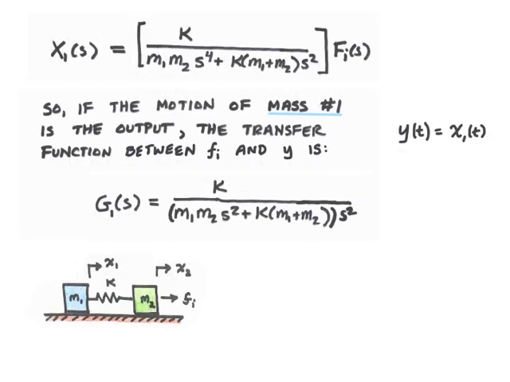I'll label this transfer function g1 since it's the transfer function between the input Fi and the output displacement of mass 1. And this transfer function is k over a denominator consisting of 2 terms. One is s squared, and the other is the quadratic factor m1 times m2 times s squared plus k times the quantity m1 plus m2.